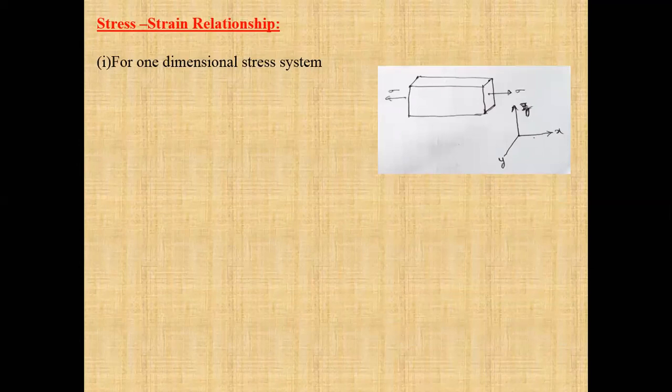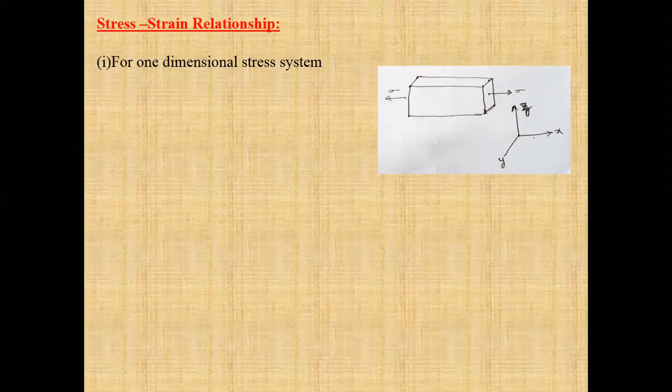There is a prismatic bar, a rectangular bar, where length, breadth, and height are there. The cross section may be normally rectangular, or it may be square as well. But I am subjecting this bar in only one direction, that is the axial load.